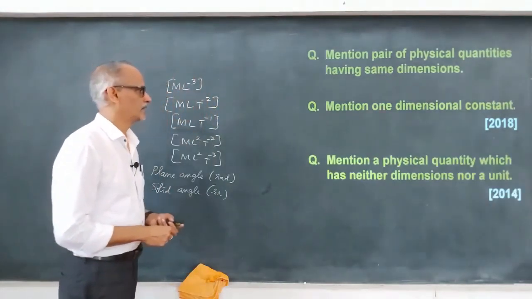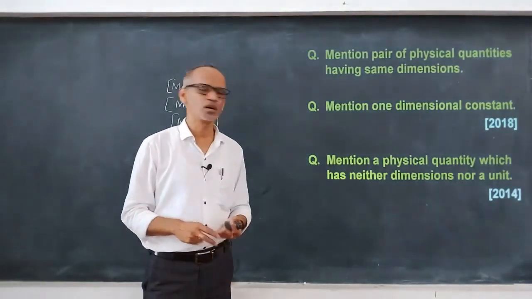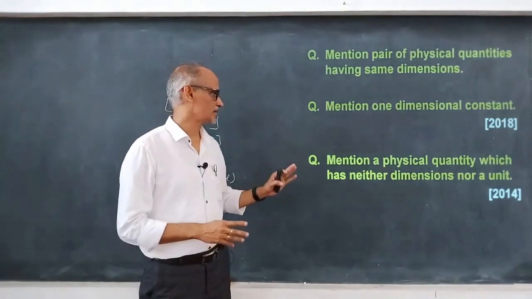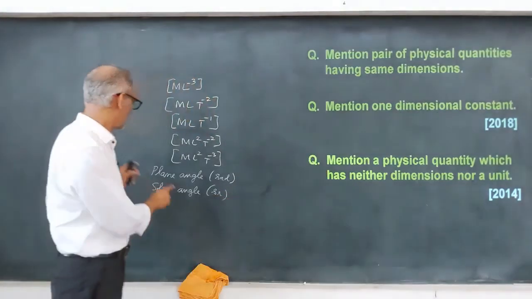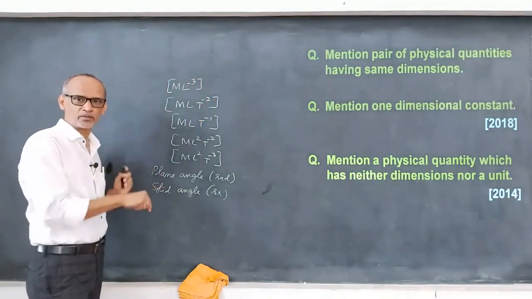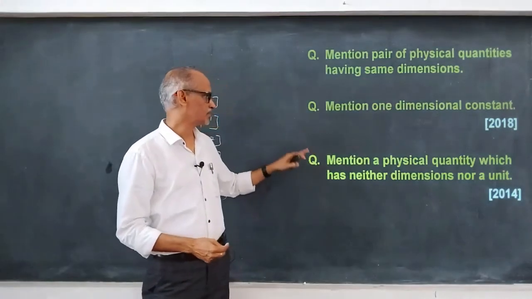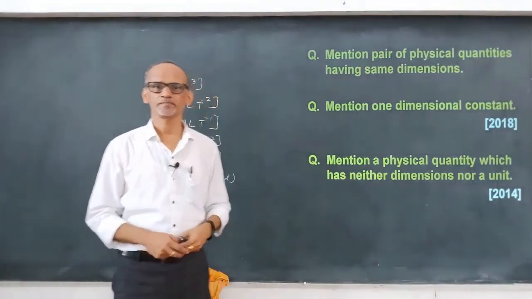Mention a physical quantity which has neither dimension nor a unit. Plane angle and solid angle are the physical quantities having a unit but no dimensional formula. But what we want here is a physical quantity which has neither dimension nor unit.